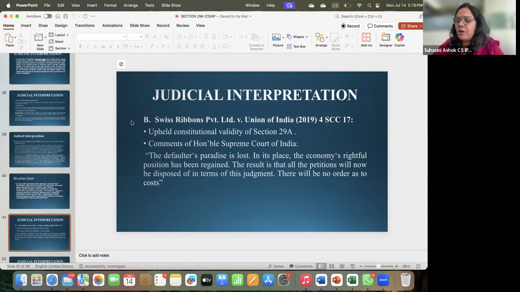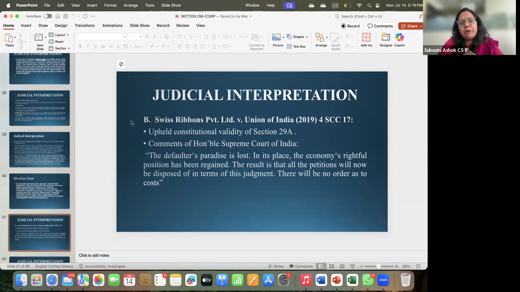So we have gone through ArcelorMittal, Bhushan Steel, and some other precedents from Supreme Court, and also a few NCLT cases in this regard. One very important case law is regarding the Swiss Ribbons case in Section 29A.